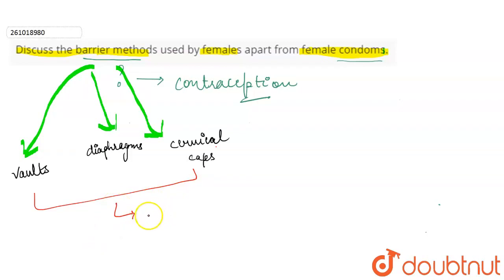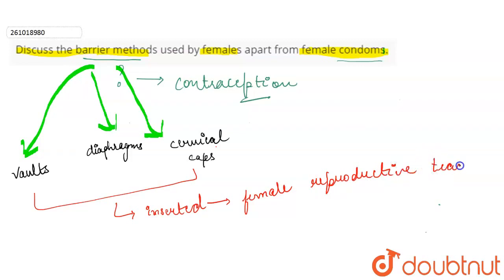How they are applied is they are inserted into the female reproductive tract near the cervix, so as to close this opening, so as to close the cervical part.